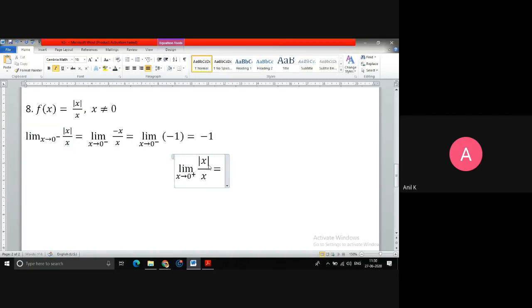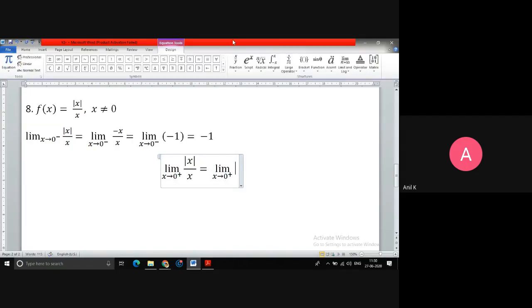Here you have limit x tends to 0 plus. If it is 0 plus, which means right side of the 0, which is x greater than 0. When x is greater than 0, mod x definition says mod x must be equal to x. So it will be x upon x, which is going to be 1. The limit as x tends to 0 plus is 1 only.